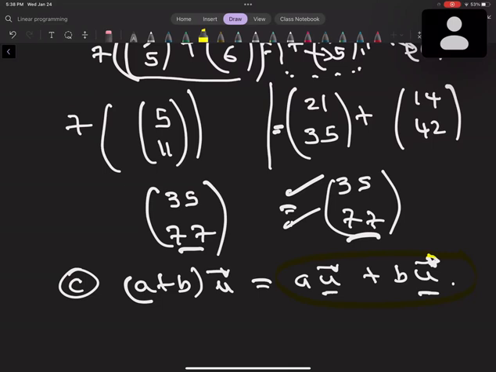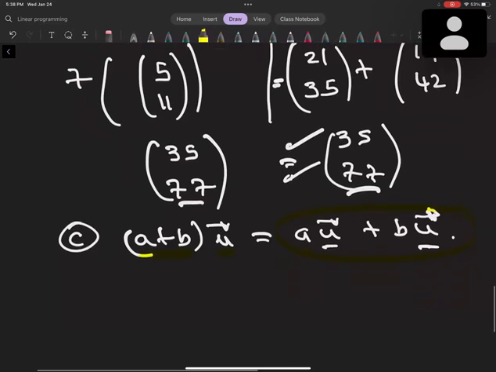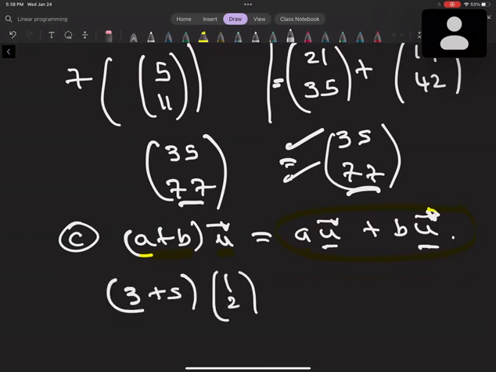So this is another property, but this time it is the sum of two numbers times a vector. So you can make the sum of the two numbers and multiply the vector, or multiply the first number times the vector, plus the second number times the vector. So let's do it. So (3 plus 5) times (1, 2).